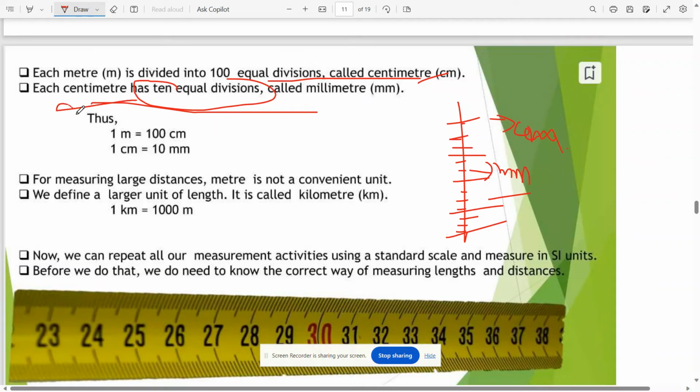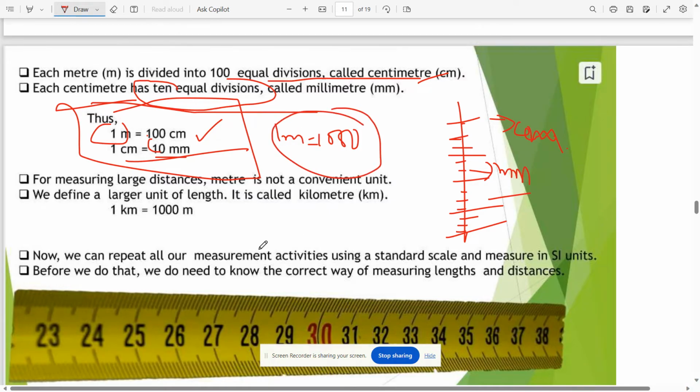Thus 1 meter is equal to 100 centimeters, and 1 centimeter is equal to 1/100 meter. If asked in millimeters, 1 meter is equal to 100 centimeters, which is 100 into 10 millimeters.